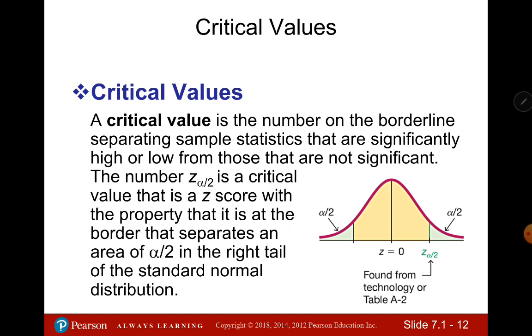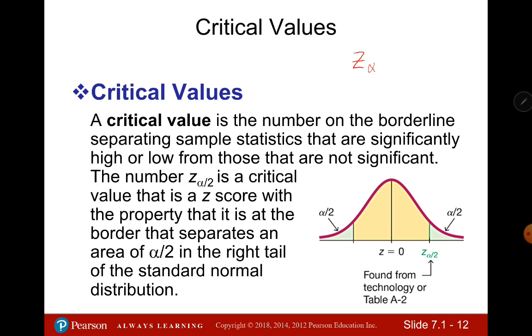So we will talk about the critical values again. In chapter 6, we already learned how to get the critical value Z. I told you the critical value is a Z-score, but this Z-score has a special meaning. Let's go back to check the critical value again.